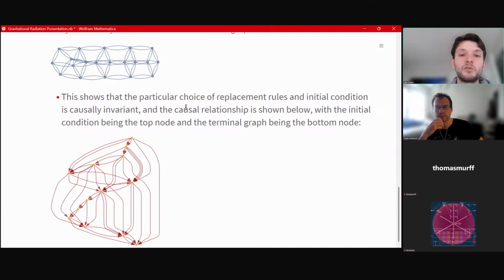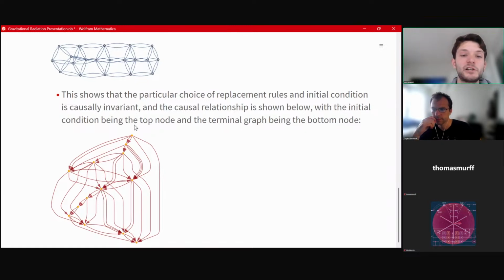And we can actually show the causal relationship between the different evolutions. So at the top here, this is the initial condition, and the bottom is the terminal graph that we always end up at. And even though you have different choices of the initial evolution and which nodes you replace, you always end up back at the terminal graph there.